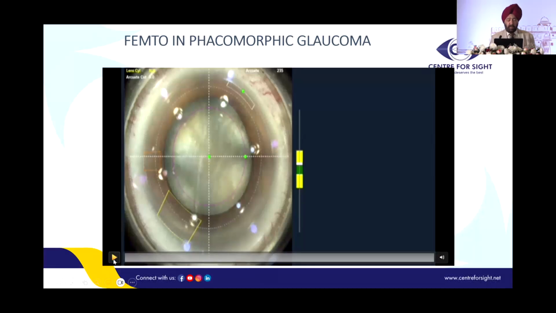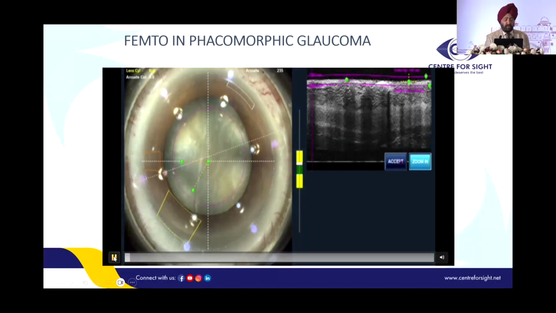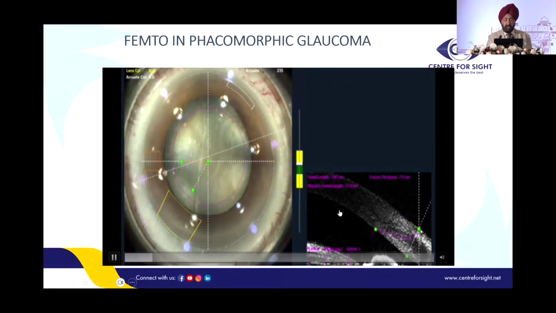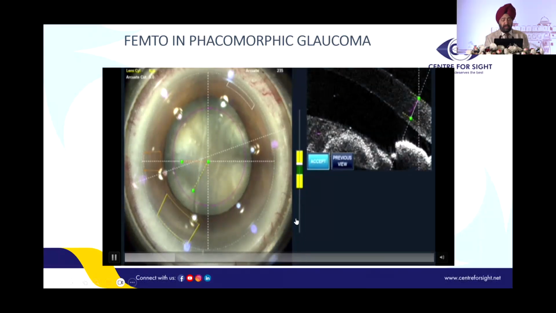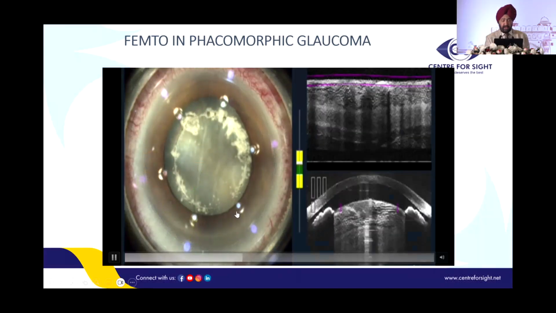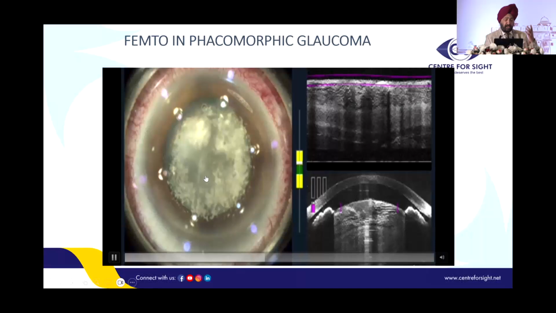If there is a phacomorphic glaucoma, the biggest advantage of femto is that you're working on a closed chamber. You can see that there is a huge swelling of the nucleus, and the iris is coming close to the whole thing. We are doing an LRI which is going to be here. And just look here, there you can see it came out like a boom.